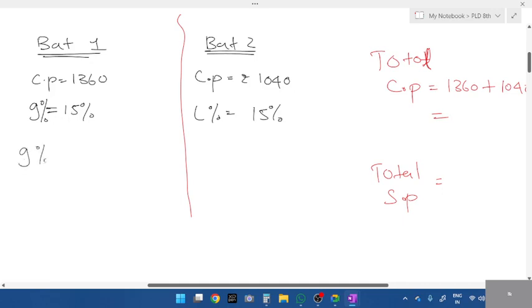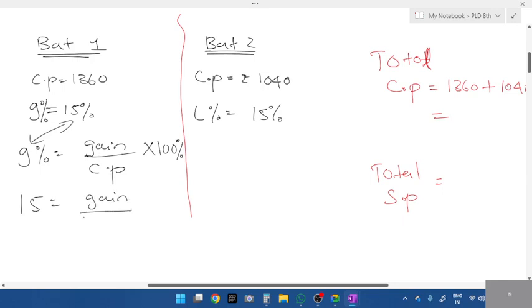Tell me, gain percent equals gain divided by cost price into 100%. What is the gain percent value? 15 equals... is gain given or not? No, right? As it is divided by the cost price into 100.